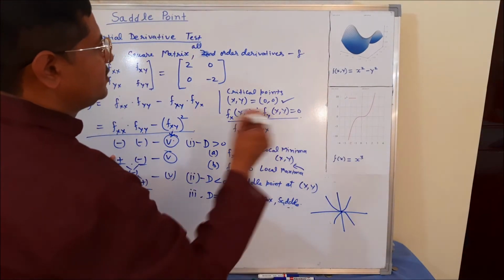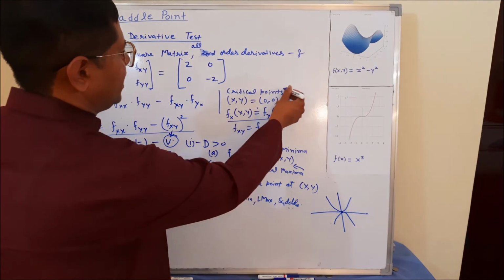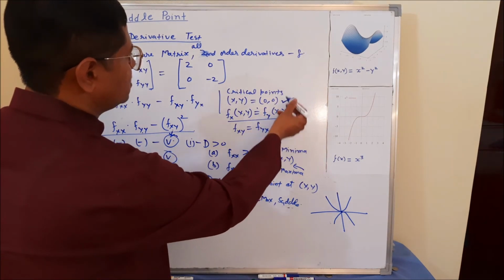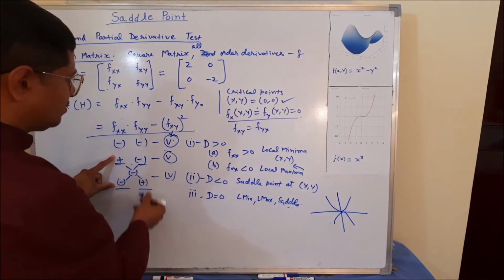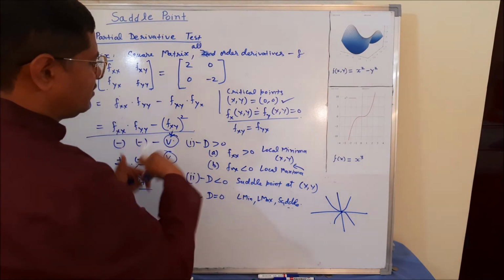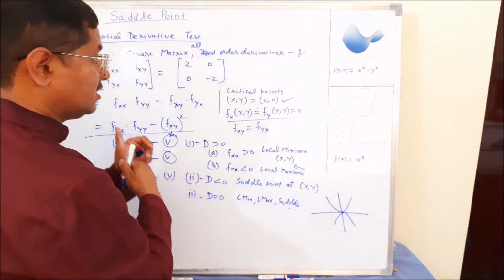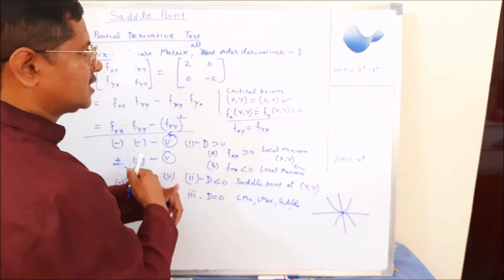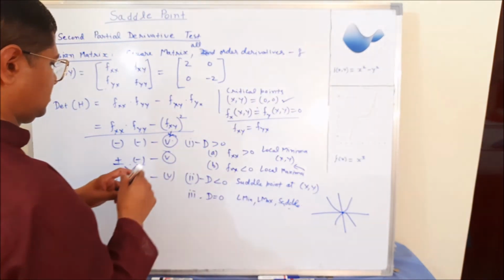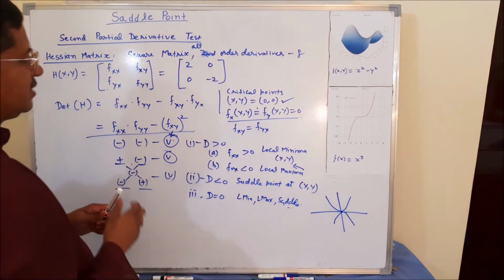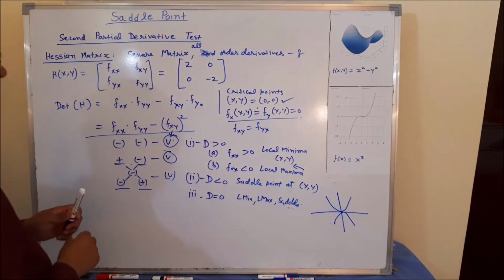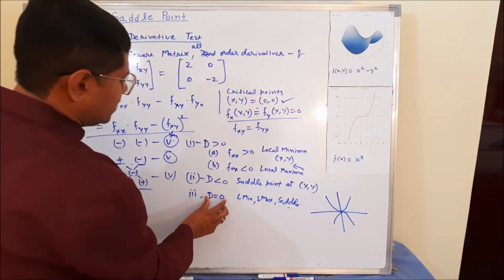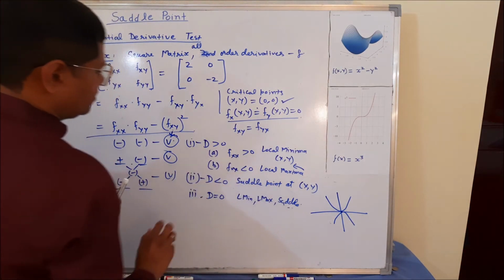At such points, the first order derivatives at that critical point will be 0, and we will have contradictions. At the same point we will have local minimum from one side and local maximum from the other side. Such derivations we can get with the help of our Hessian matrix. But this case is a little confusing.